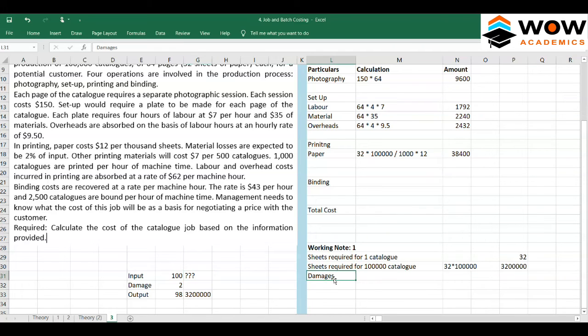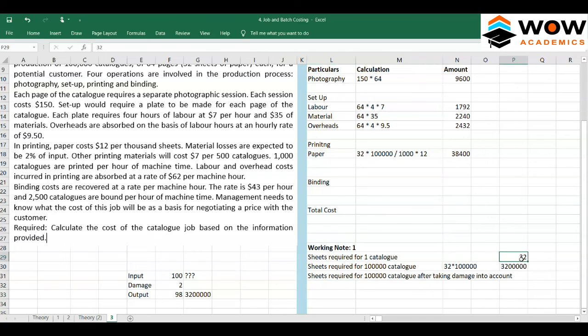So sheets required for 1000 catalog, after taking damage into account. Okay, how much do we require at that point?